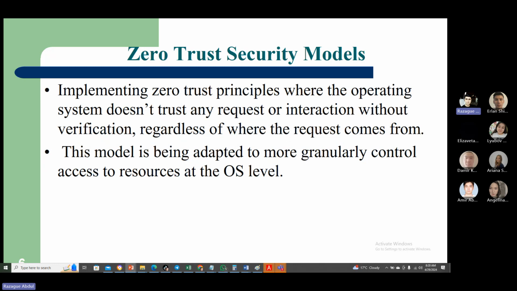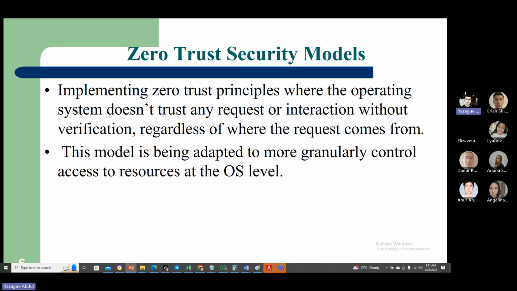A second component is least privilege access. This principle involves restricting users' and processes' access rights to the bare minimum required to perform their duties.